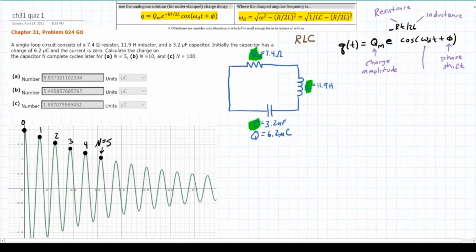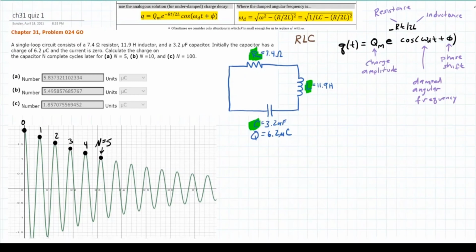This right here, this is damped angular frequency. This refers to basically the rate of oscillation, how quickly these bounces are happening.